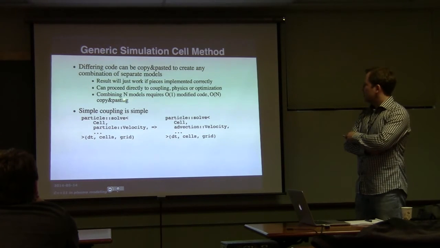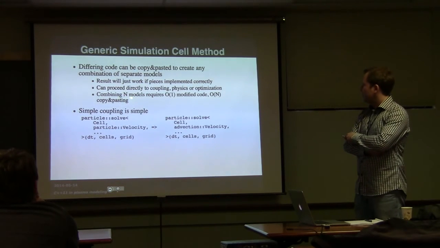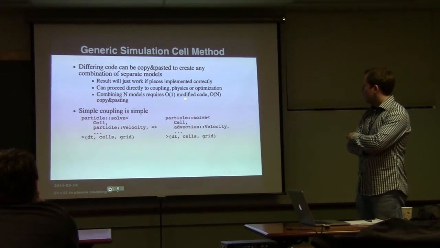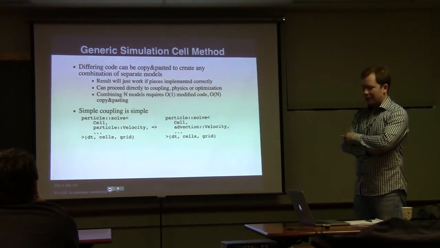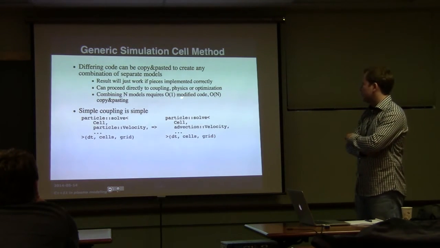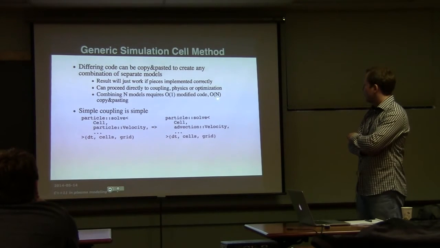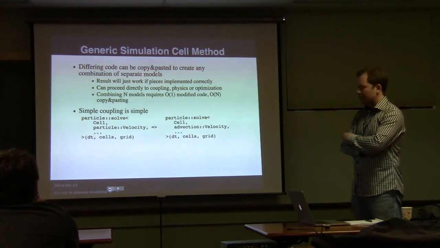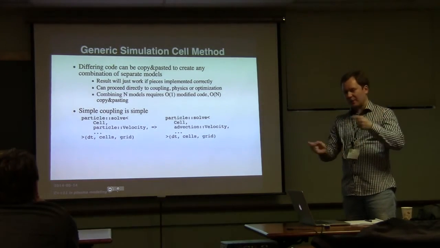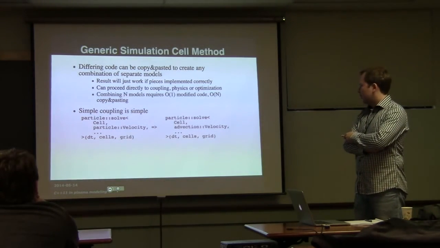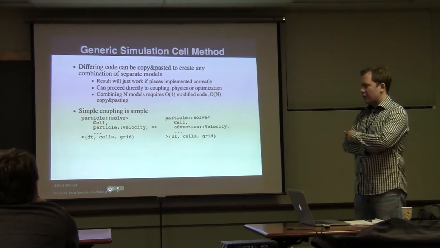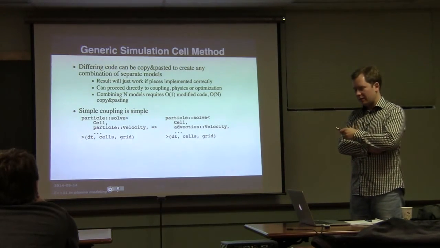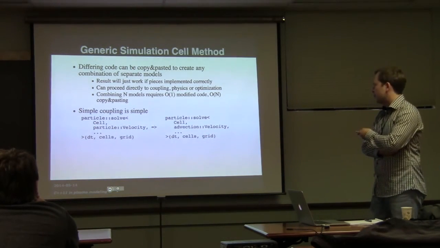And one nice thing is that if you want to combine n different models, it might require some modified code, but in this example it doesn't require any modified code, just the order of n copy pasting into the final executable. And also if you want to couple some of the codes together, if it's simple, then it's also simple in the code.